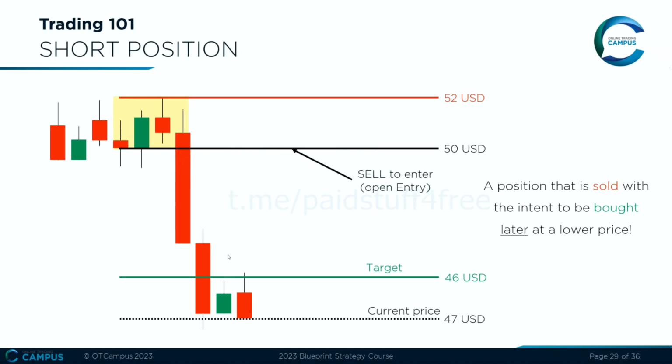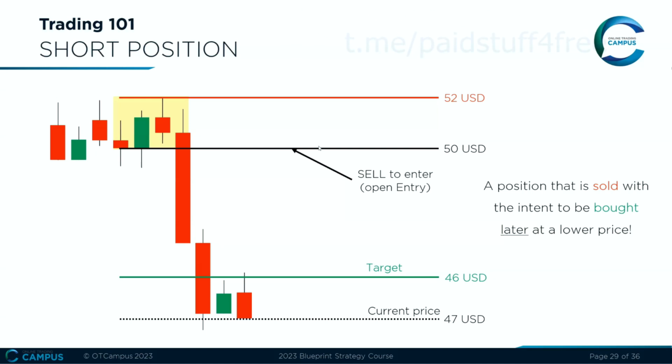So remember, your entry was below current price, and now your sell entry is above current price, because if you're selling, you want to sell into expensive prices. If you're buying, you want to buy into cheap prices, right? You want to buy cheap, you want to sell expensive. You want to buy low, you want to sell high. So if we're selling, we're just turning this picture upside down on its head.